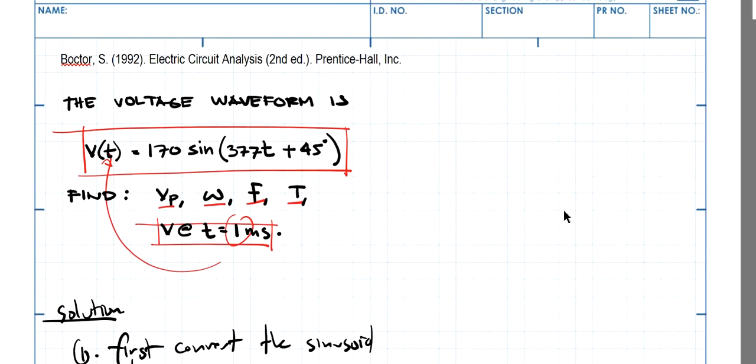And by the way, I forgot to give you the conversion. Let's say we have some sine omega t plus some angle, and it can be plus or minus, depending. If we want to convert this, then that's going to be cosine omega t.